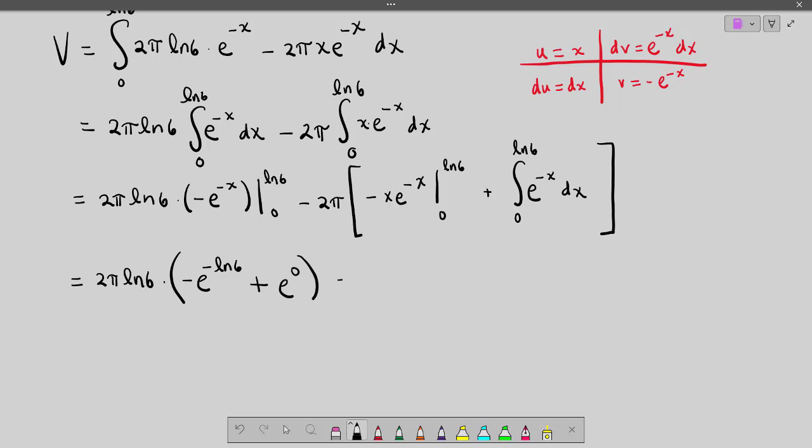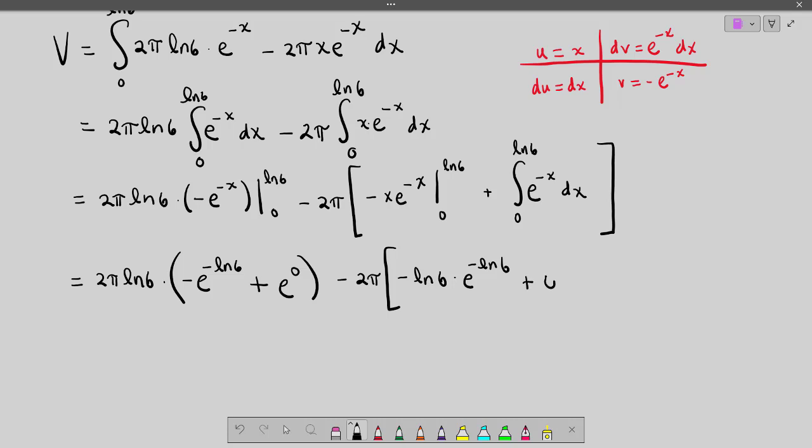So multiplying these two together, 2 divided by 6 is a third. And then over here, negative 1 over 6 plus 1 is 5 over 6. So this over here is 5 over 6 times negative 2 pi. I put my 5 in the wrong spot.